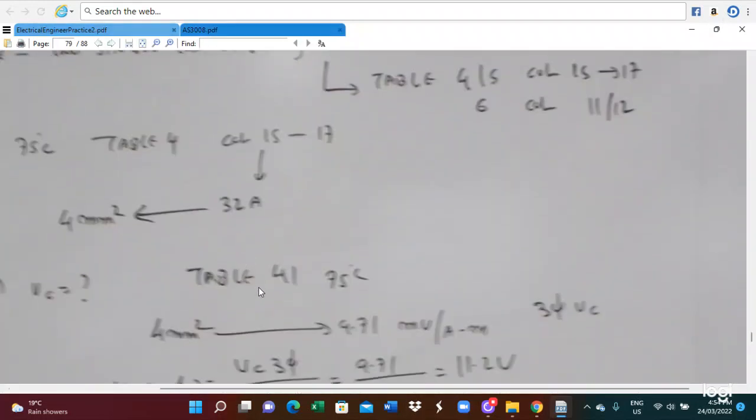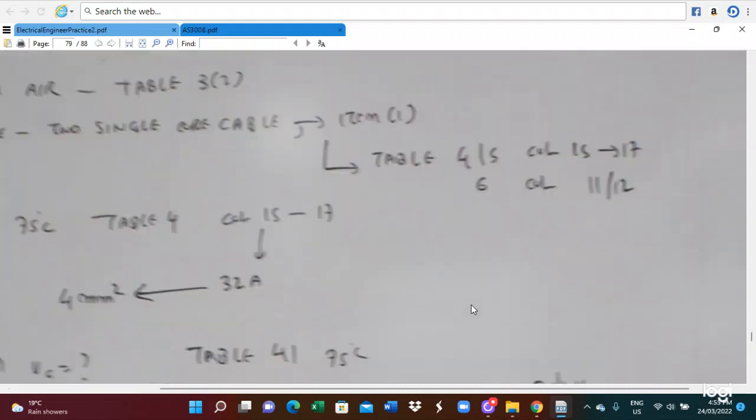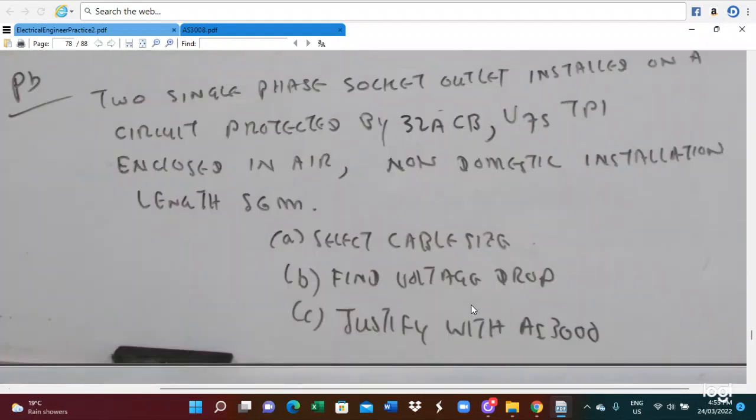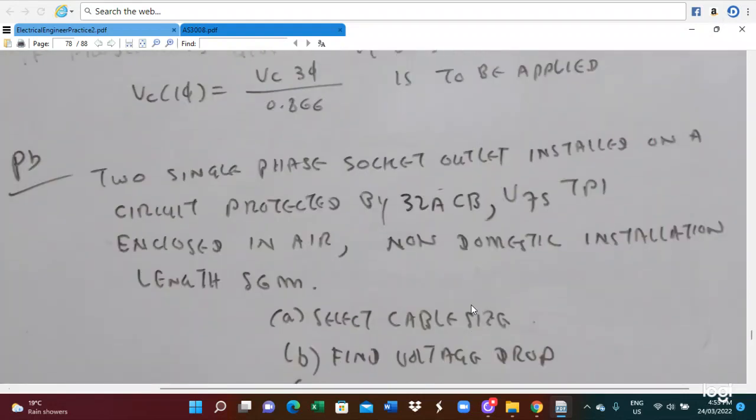After that, we have to justify with the voltage drop. We have to find out which table to utilize, depending on how the cable is installed: table 40, 41, 42 and so on.